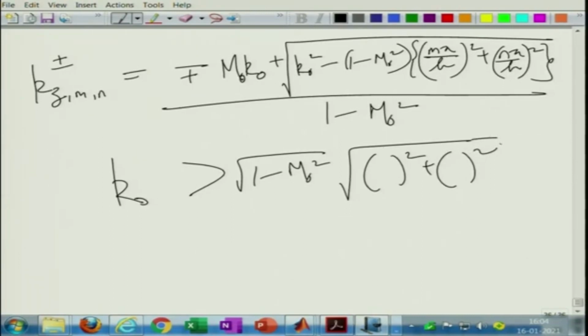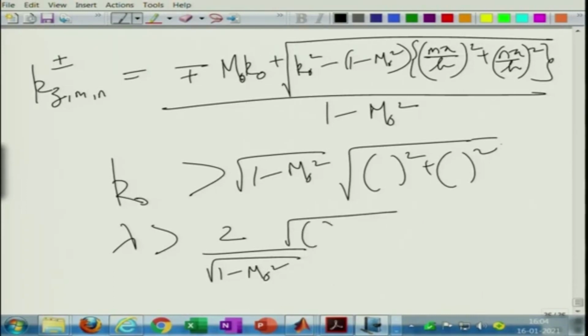So, we can sort of do the algebra and figure out that lambda should be greater than 2, and there will be a factor of root over 1 minus m naught square, and on the numerator you will have this square plus this square, which is your y b by h m and something like that, and frequency can also be figured out using that.